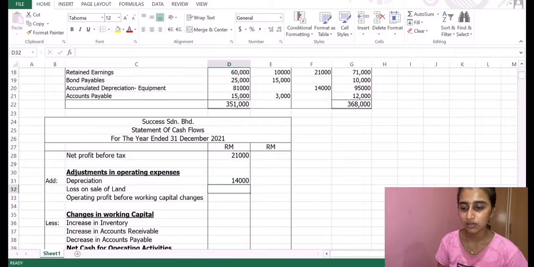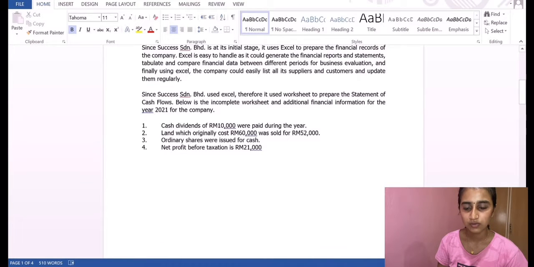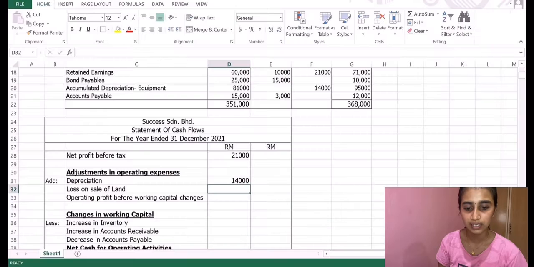Then loss on sale of land. As we refer to the question, it mentions that land, which originally cost 60,000, was sold for 52,000. The amount sold was lesser than the original value, so we know that the company has a loss on sale.